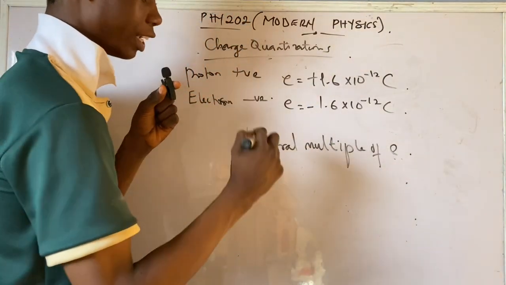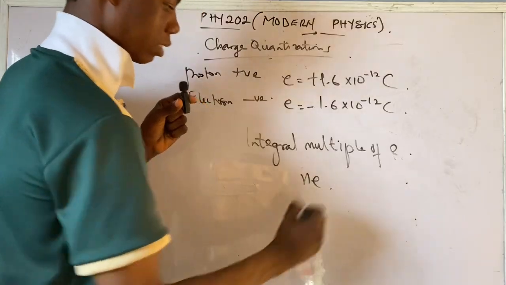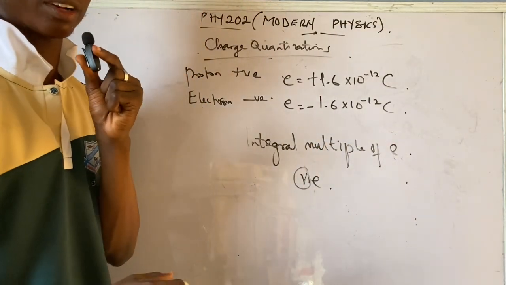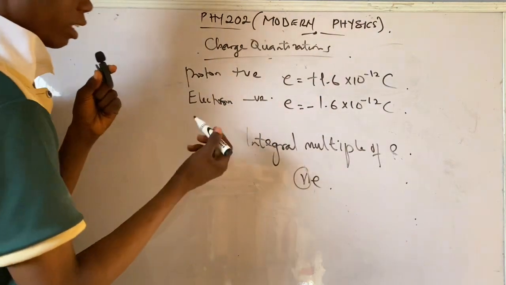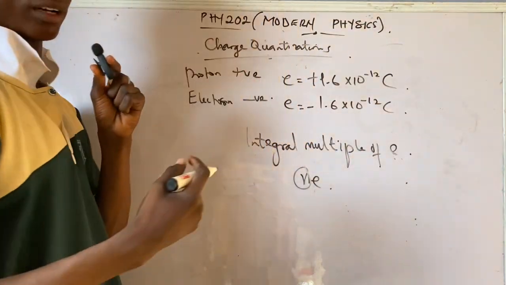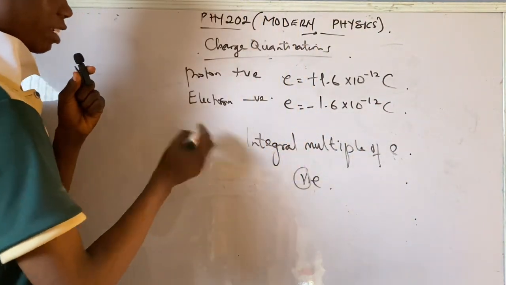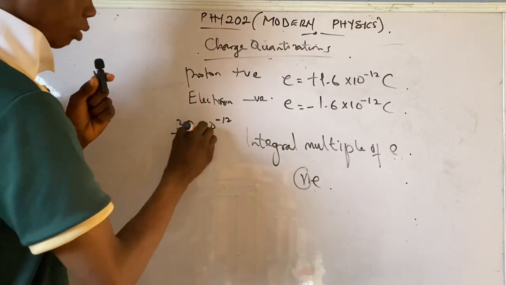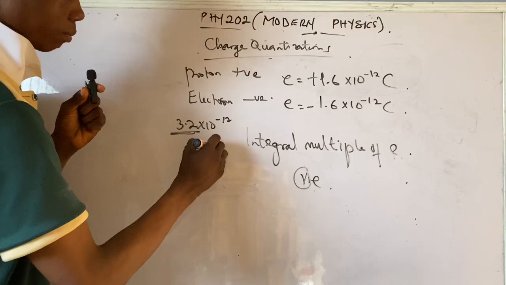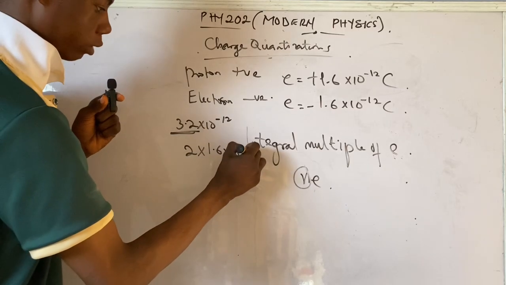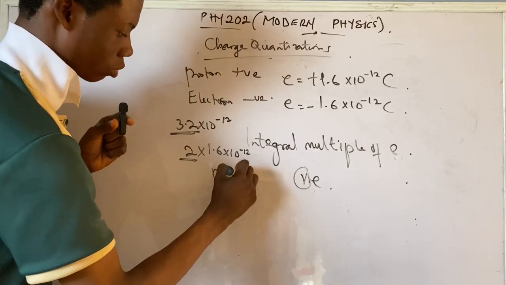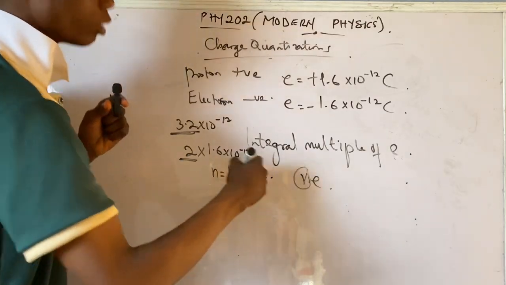That means all charged particles will be n times e, where n are integers, whole numbers that are not decimal. So let's assume I have an iron rod that is having charge in it. The charge can be 3.2 times 10 raised to the power of minus 12. So 3.2 is 2 times 1.6 times 10 raised to the power minus 12. So n is 2. What we're saying is that n must be equal to 1, 2, 3 to infinity.